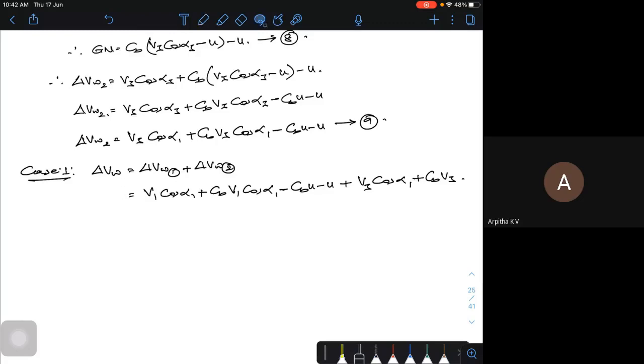Let me write it to the left hand side a little bit so I can have some space.